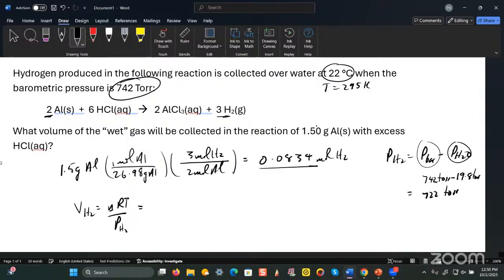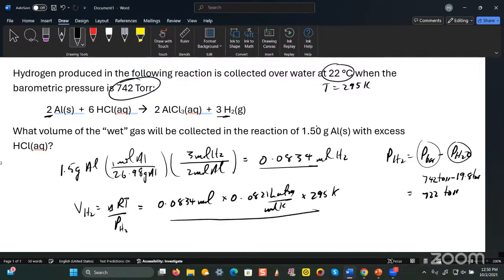So we plug in the numbers here. The number of moles of the gas is 0.0834 moles multiplied by R, which is always 0.0821 liters atmospheres over mole Kelvin, and then the temperature, which is 295 Kelvin, divided by the pressure we just calculated, which is 722 torr.